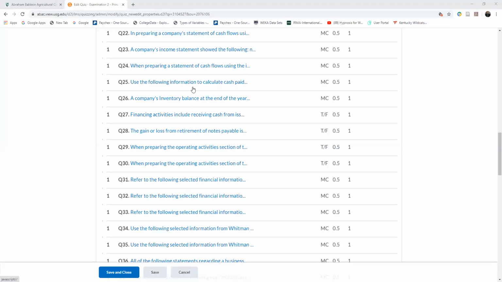The financing activities, this is how you finance your business. Well, you can finance a business either through debt instruments, that is bonds, those kinds of things, or you can finance your business through equity instruments. So I sell my own stock, okay?